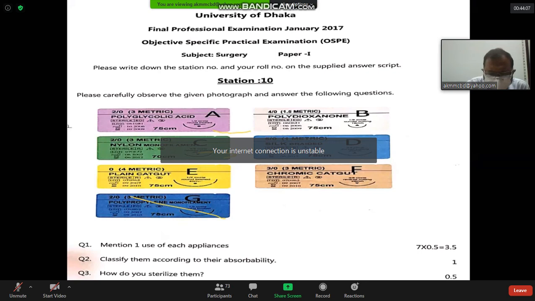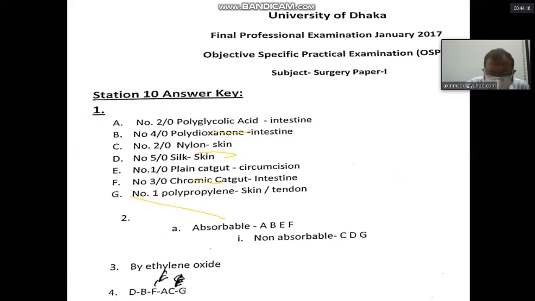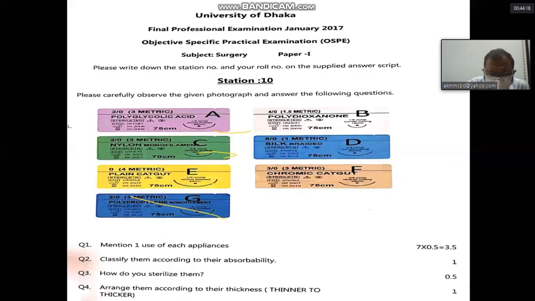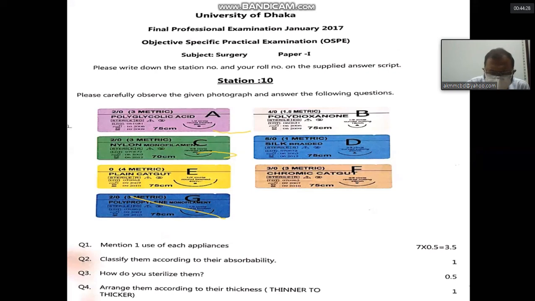Number F is number 10 plain catgut. You have to see, the right is only 0, but it is number 10.